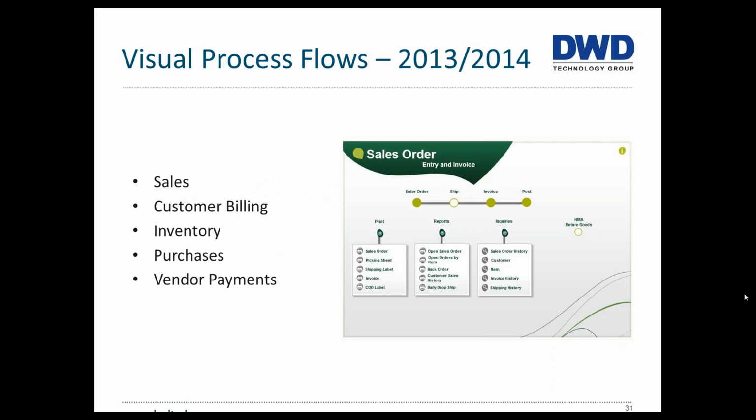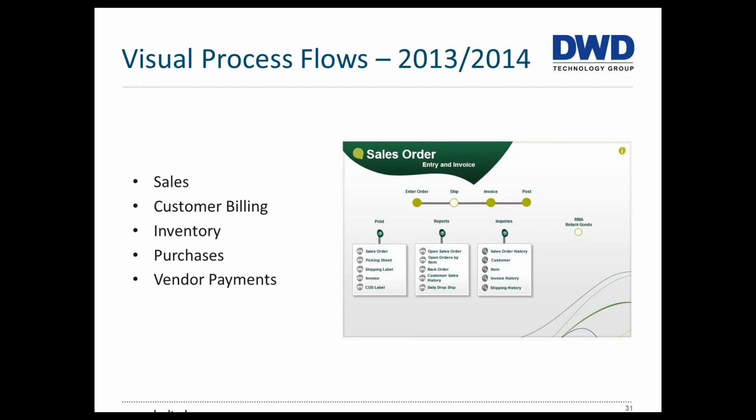Back at version 2013, version 2014, this is the introduction of visual process flows with Sage 100. And some areas that Sage had already elected to start with included the sales process, the customer billing process, some inventory functions, some purchase order functionality, and some vendor functions as far as creating invoices and creating the payments.